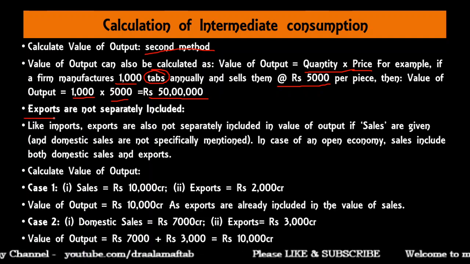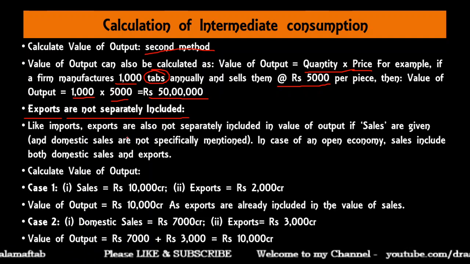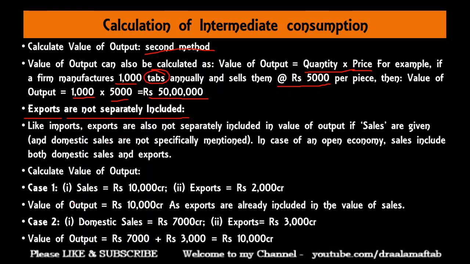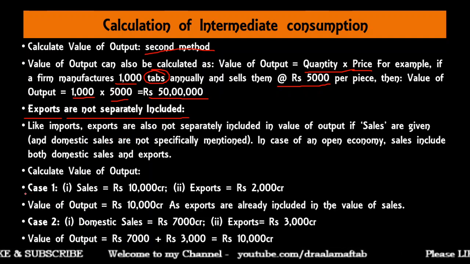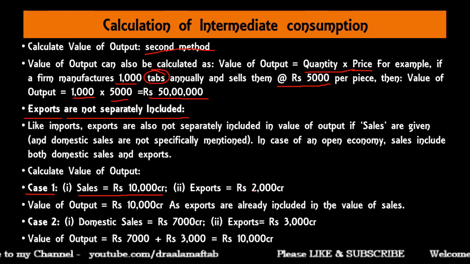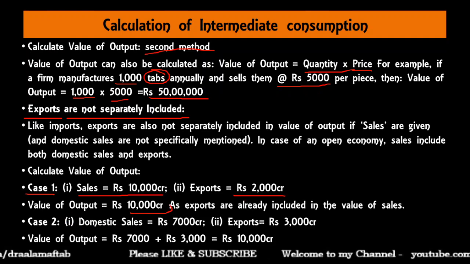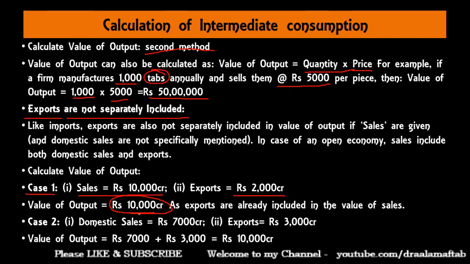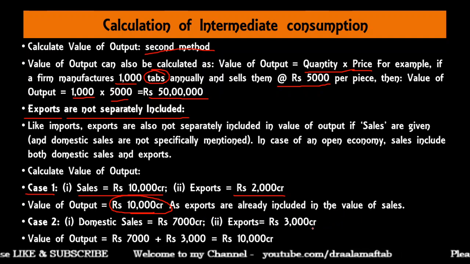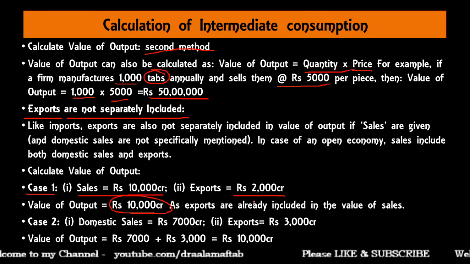Then treatment of exports. Exports are not separately included unless and until it is given so. Here also you can take the first case: sales 10,000 crore, exports 2,000 crore. So here value of output will be equal to 10,000 crore only, because export is already there and it is not explicitly given.